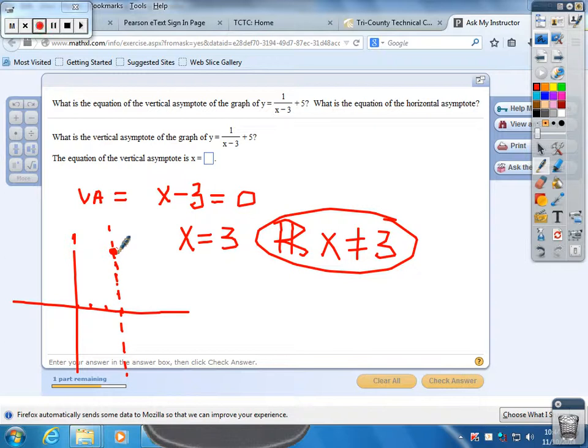They're not asking you to graph this one because it's kind of difficult to graph. The equation of the vertical asymptote is x is equal to 3, so that would be it.